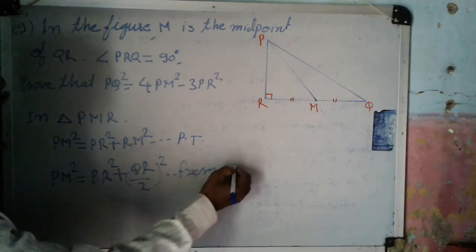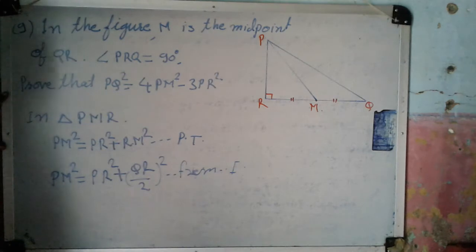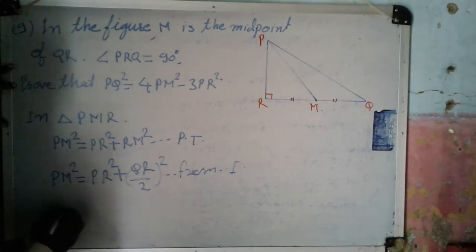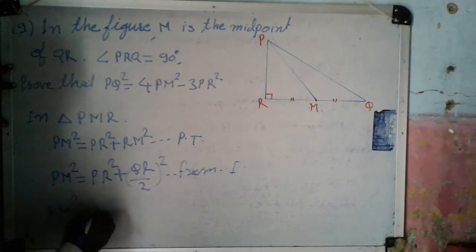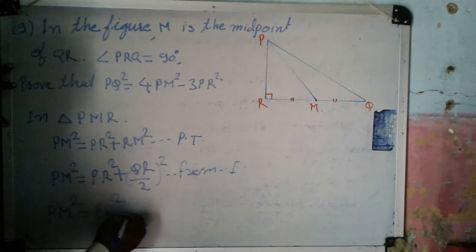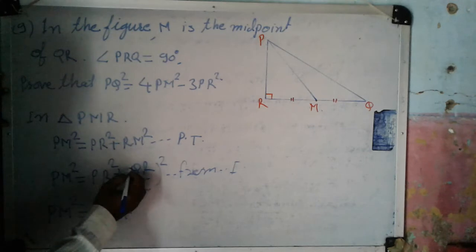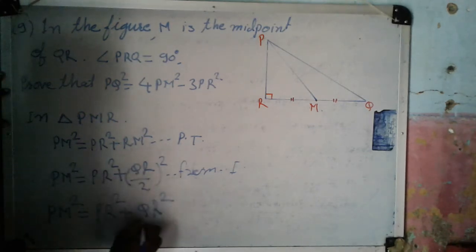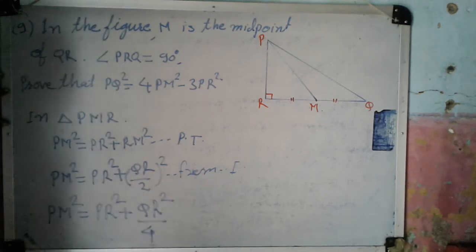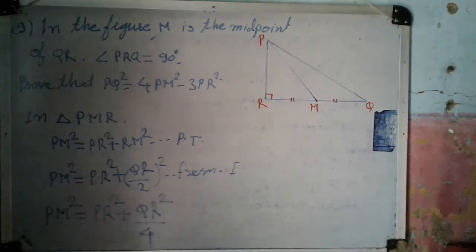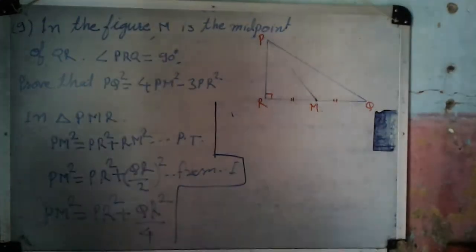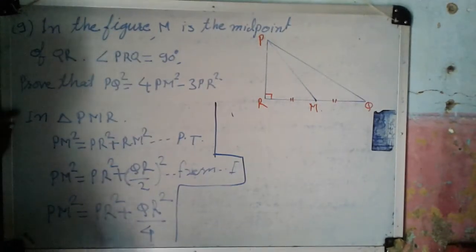from statement 1. And therefore, PM square is equal to PR square plus, squaring this bracket we get QR square upon 4. Now simplify this.